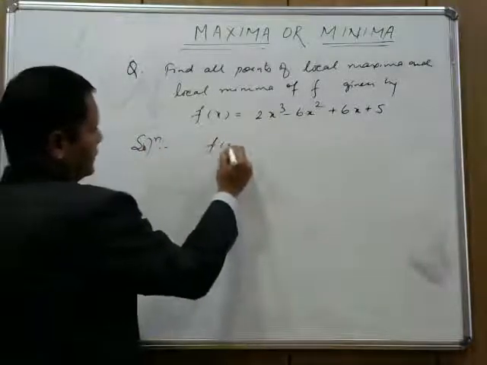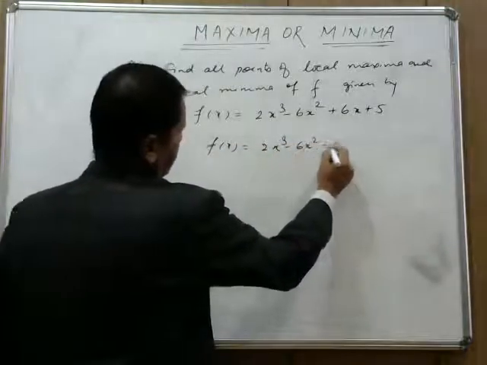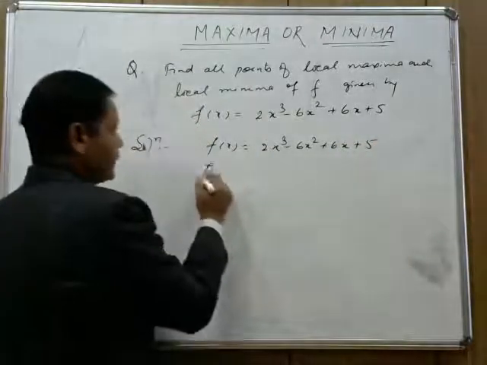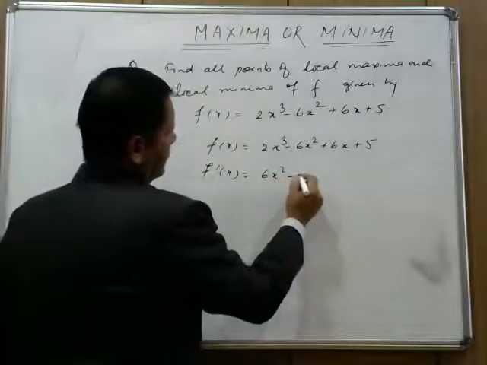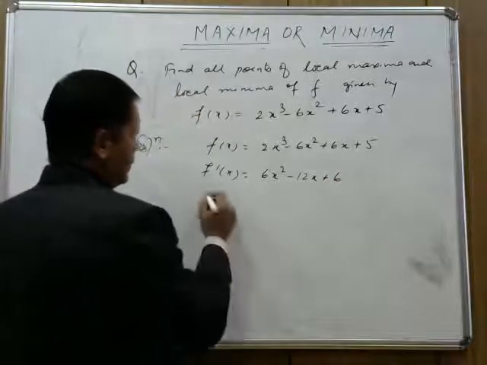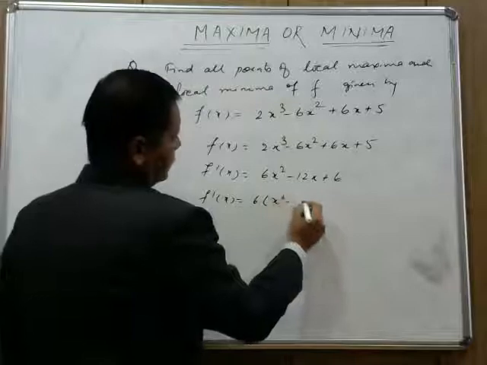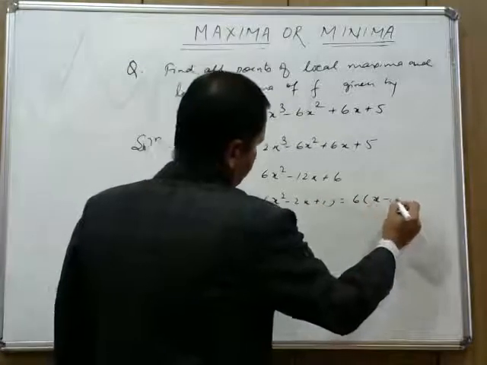f of x is given as 2x cube minus 6x square plus 6x plus 5. f dash of x will be 6x square minus 12x plus 6. This f dash of x, can I write 6 common, x square minus 2x plus 1, that is equal to 6 times x minus 1 whole square.